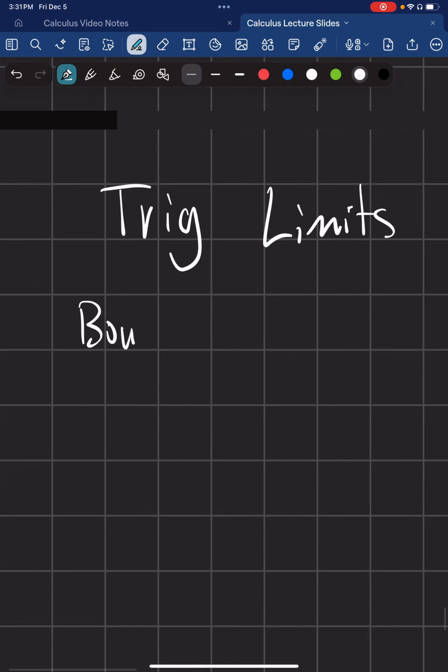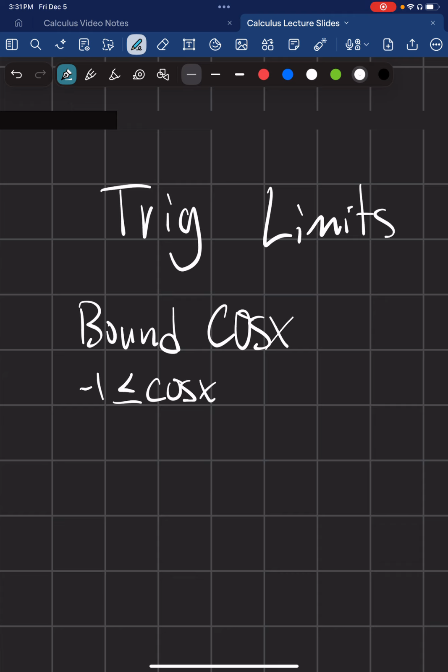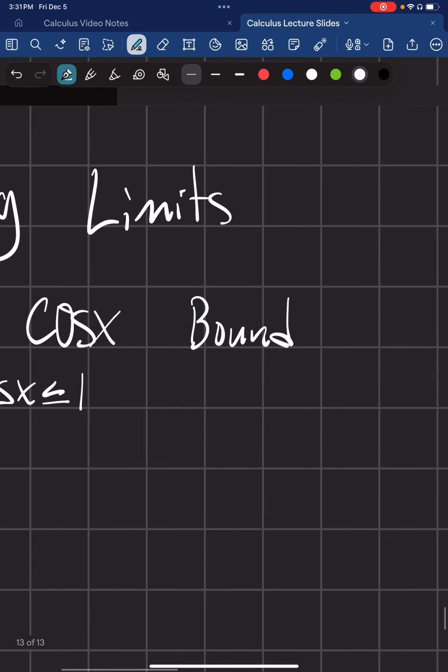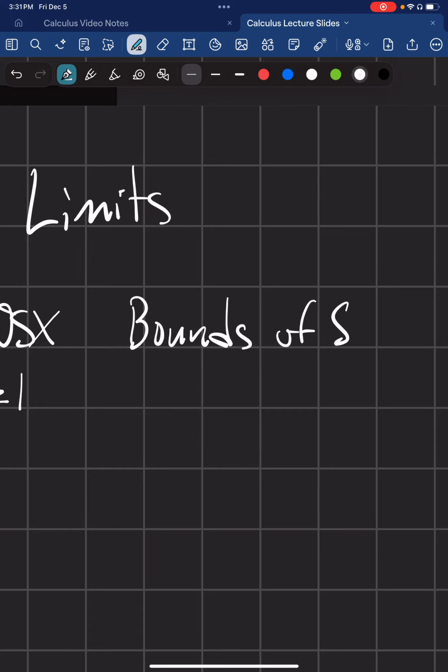We know that the bound for cosine of x is going to be greater than or equal to -1, and from here, it's going to be less than or equal to 1, right? And then for our bounds of sine, it's going to be the exact same values for sine x.